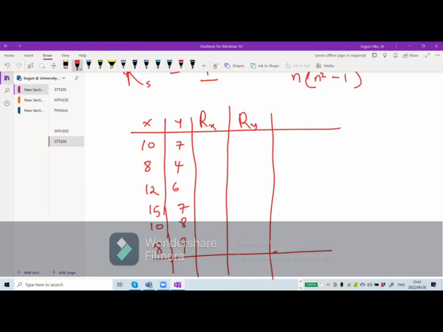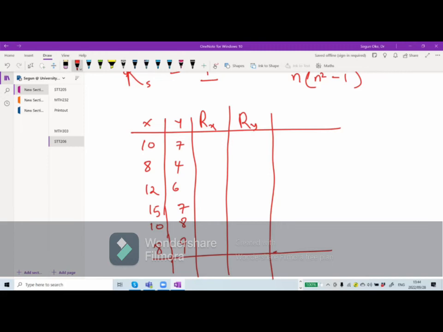You can choose to rank from ascending, from lower to upper, or from upper to lower. It depends on you. Are you getting the point? If I choose to let the lowest value take 1, let the highest take the last rank, it depends on the way you want it.